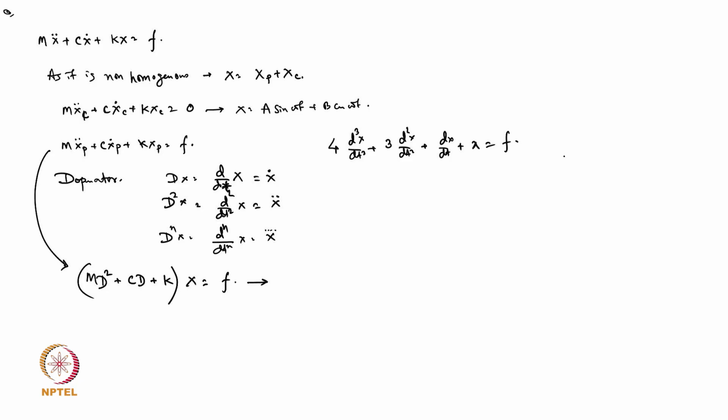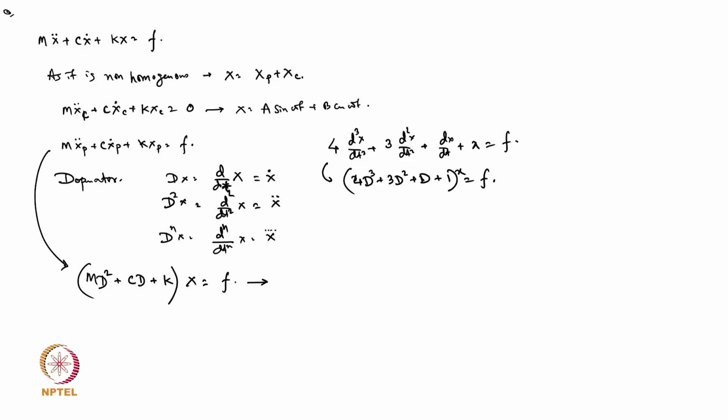Then we can write it as 4 D cubed plus 3 D squared plus D plus 1, operating on x, equal to f. Now we will look at the different operations of the D function.